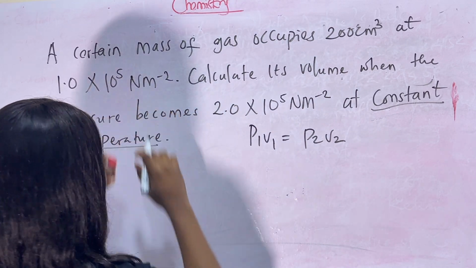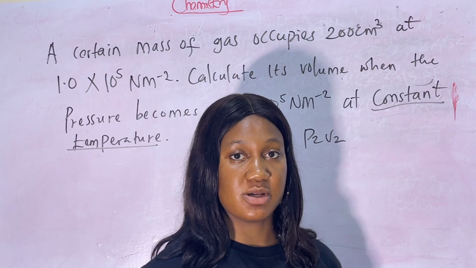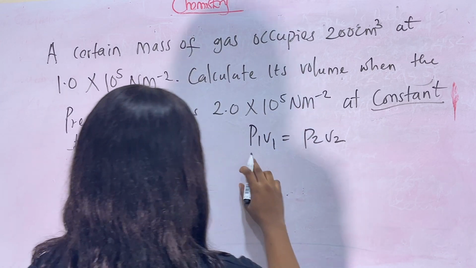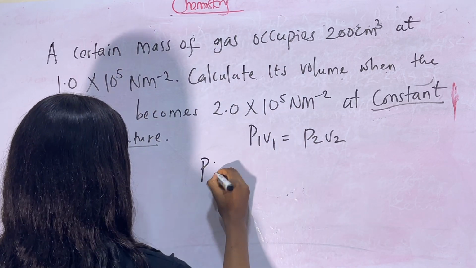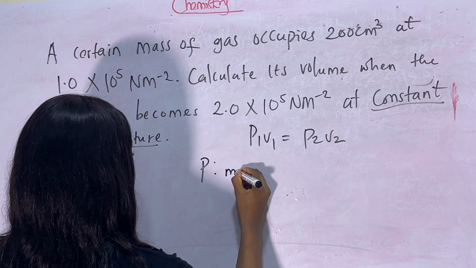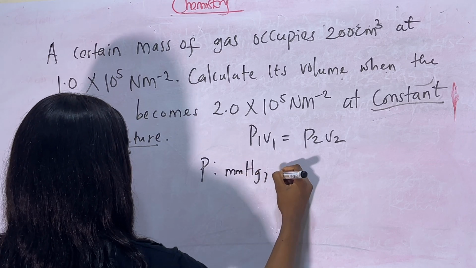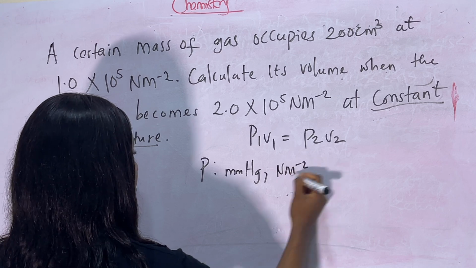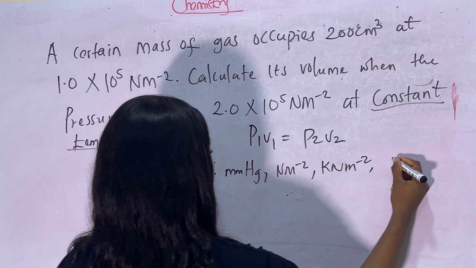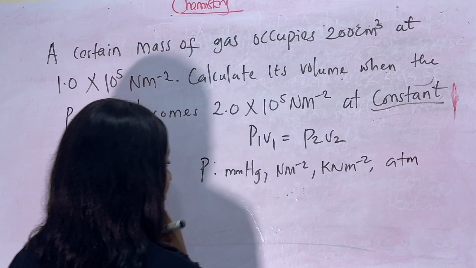Now, I can't remember if I stated this in my other video. The SI units of the three most important variables in the calculation of gases. For pressure, the units associated with pressure are millimeter mercury, Newton per meter square, kilonewton per meter square, and atmosphere.